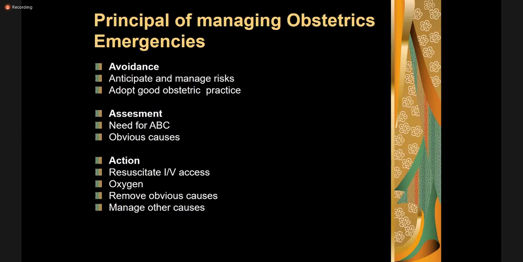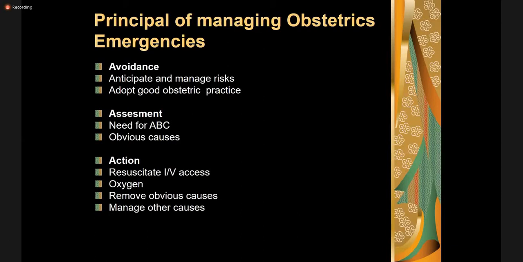The principle of managing obstetric emergencies: there are 3 A's. Number 1, avoidance. When you have a patient in your antenatal booking or in the antenatal OPD, you should try to avoid the event or anticipate it. If a woman has a big, good-sized baby where you think there is a chance of shoulder dystocia, you should anticipate that beforehand and manage it.